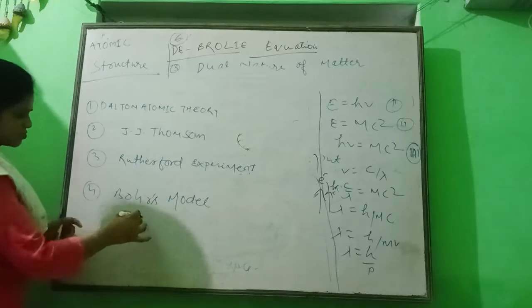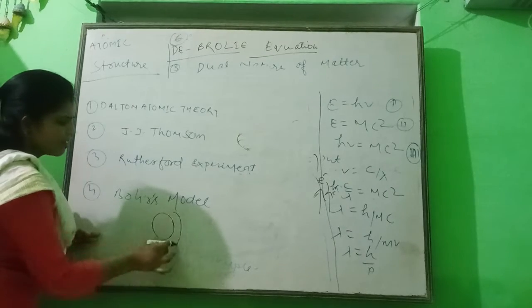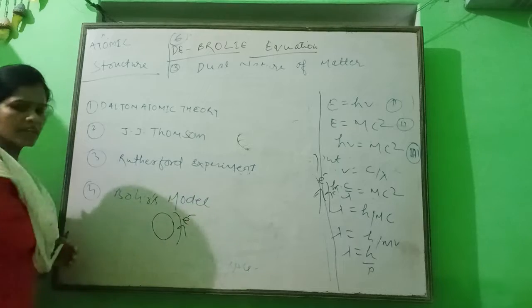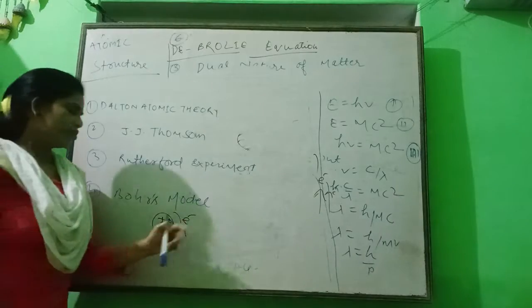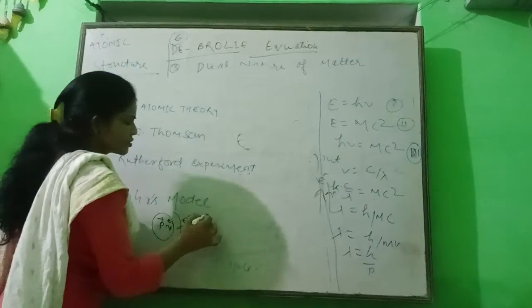Bohr told us all electrons revolve around the nucleus in a circular form. This is the first statement.